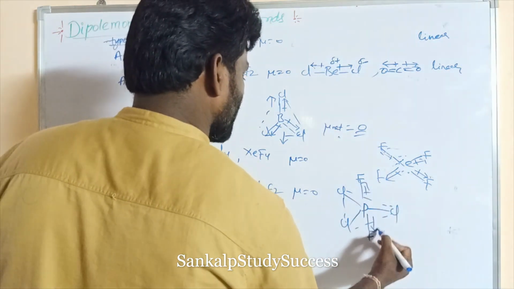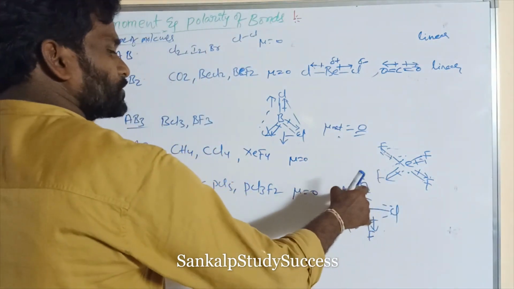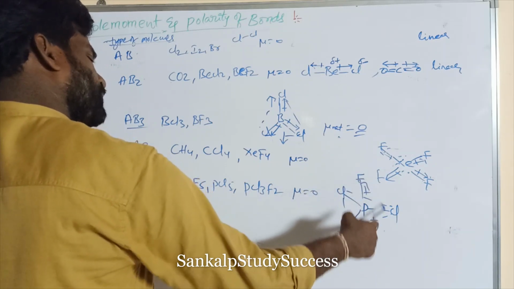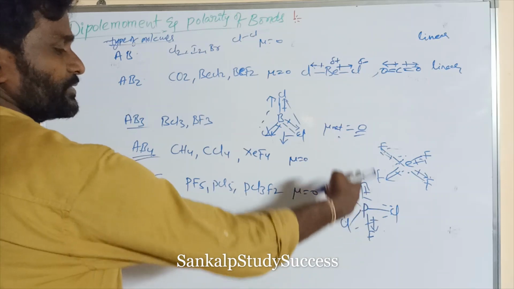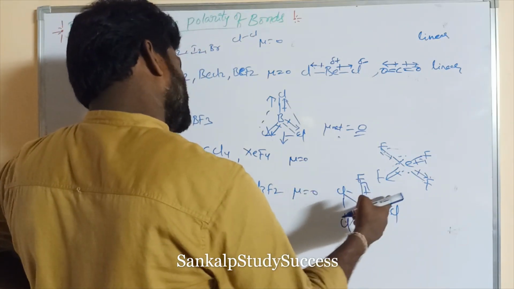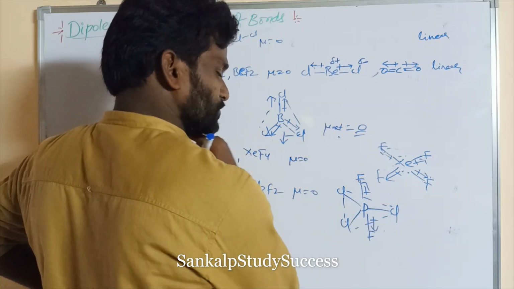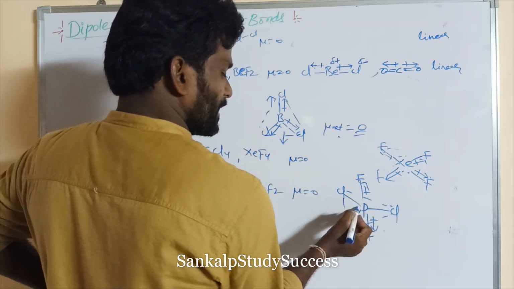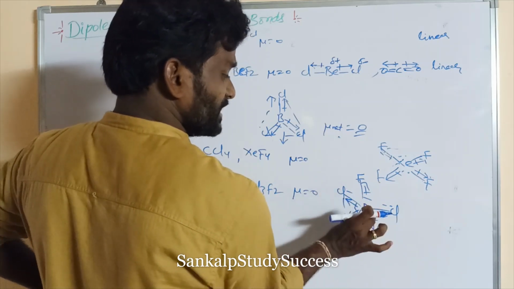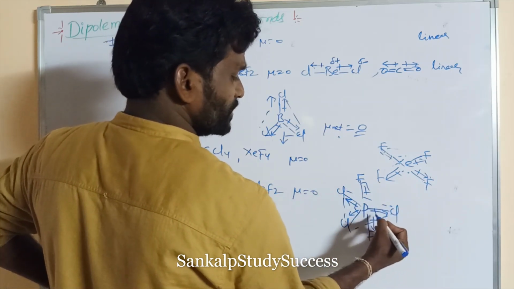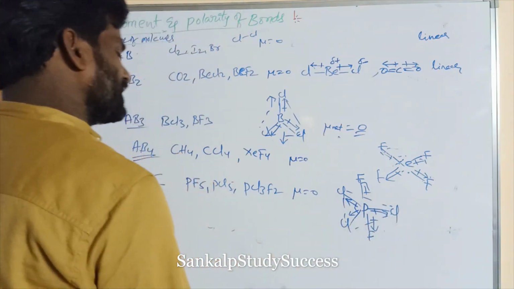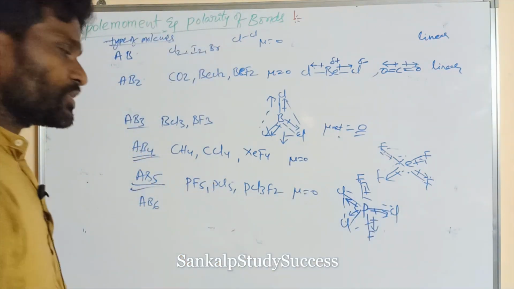The net dipole moment is 0. These two have the same dipole moment and are present in opposite directions and cancel each other. Its net dipole moment is equal to 0, and for the trigonal planar atoms also, the net dipole moment of these 2 P-Cl bonds is equal to this one, and these two are present in opposite directions. So these are also cancelled. Finally, we got mu is equal to 0.